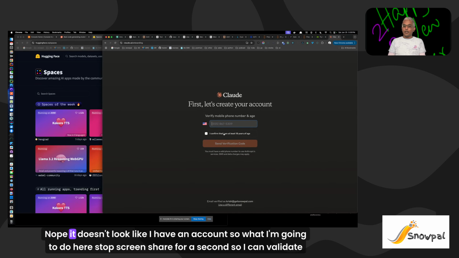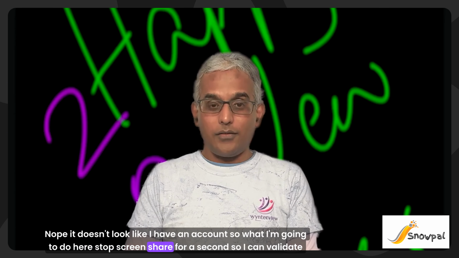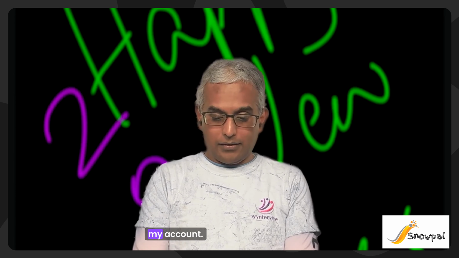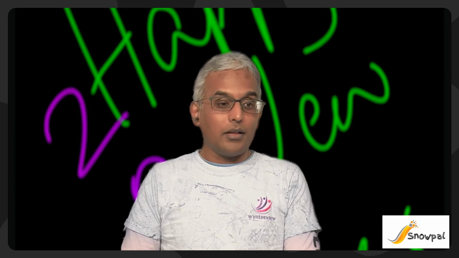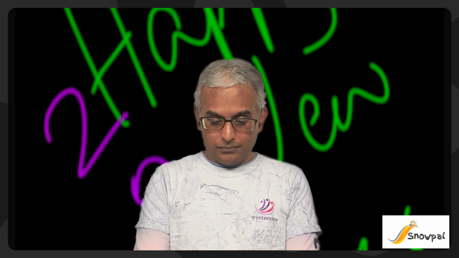Nope, it doesn't look like I have an account. So what I'm going to do here is stop screen share for a second so I can validate my account. I got the verification code 268630.